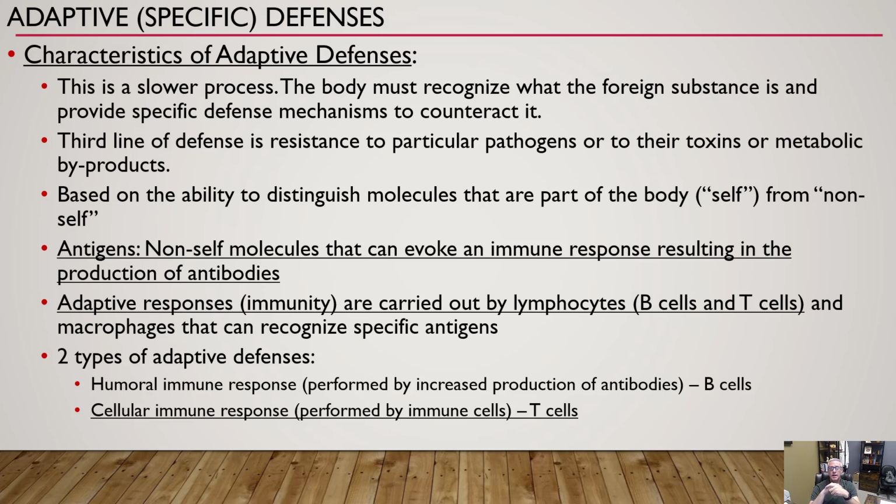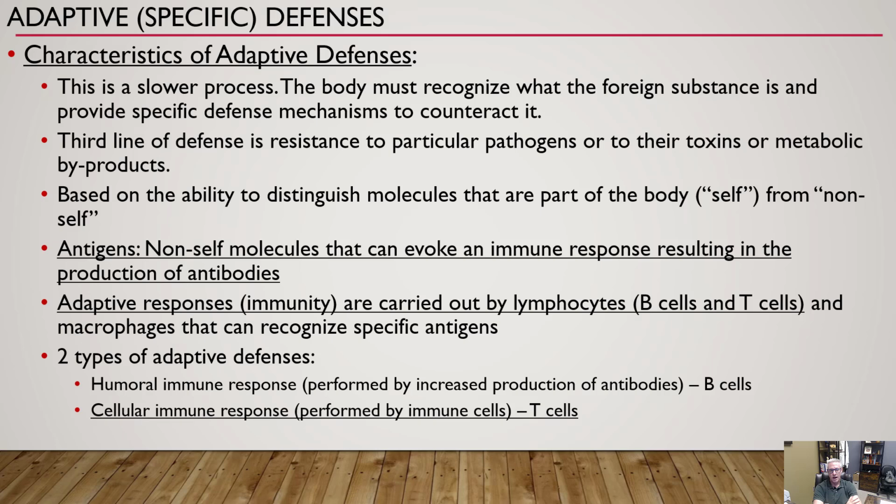Now, if a B cell or a T cell does happen to bind with a normal cell in the bone marrow and accidentally escapes, remember, if they bind in the bone marrow, that's bad. And if it happens to escape, that's how we get autoimmune diseases.